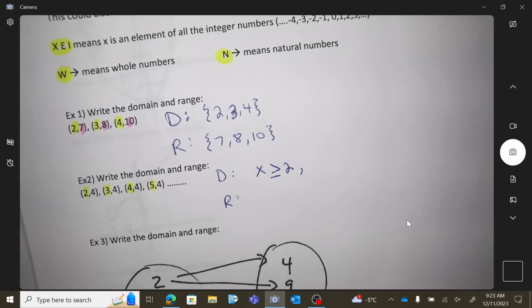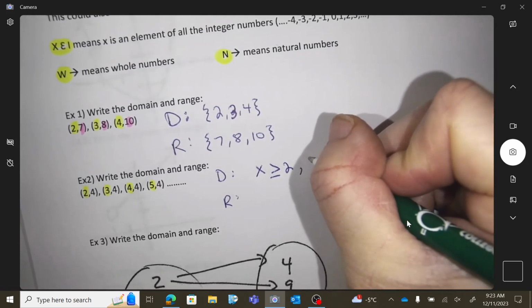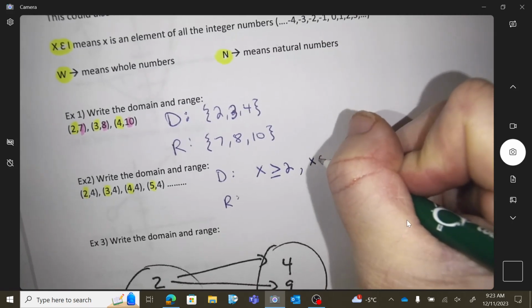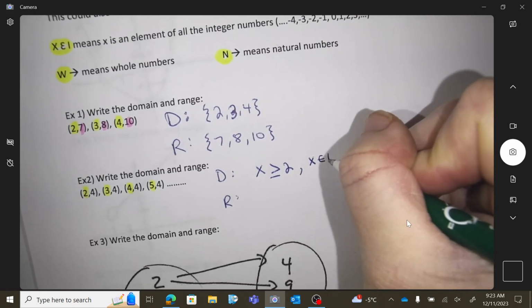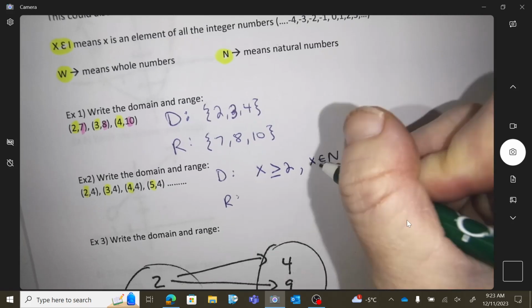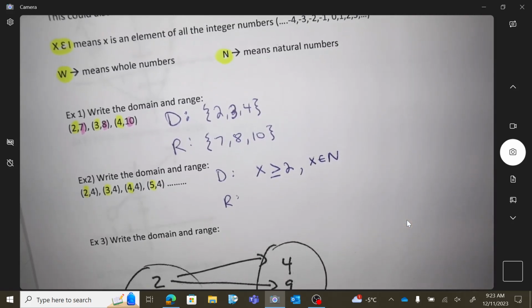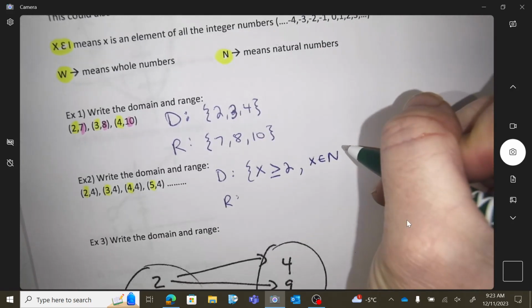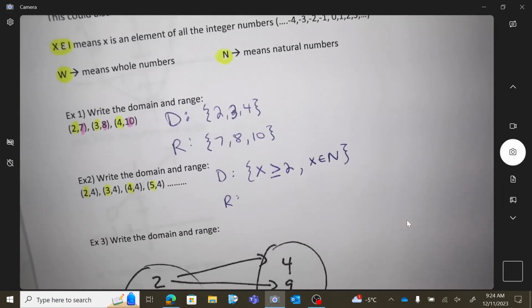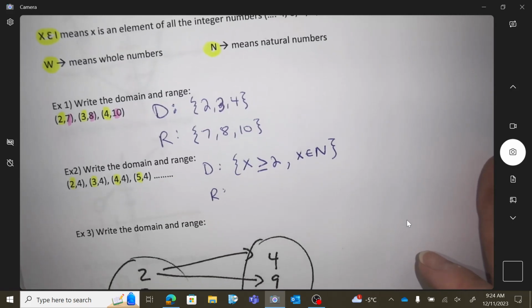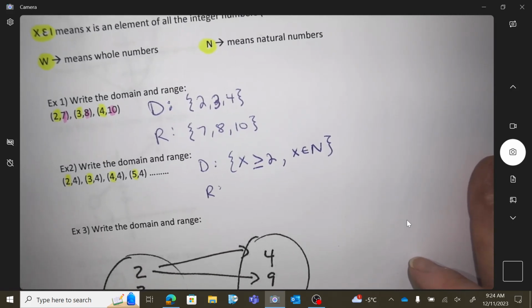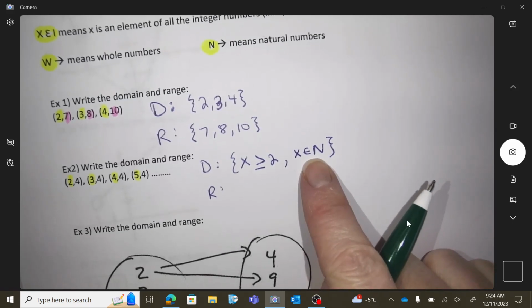No. So I'm picking x is an element of just natural numbers above 2. Okay, right? I'm not picking all numbers above 2 because I'm only picking 2, 3, 4.